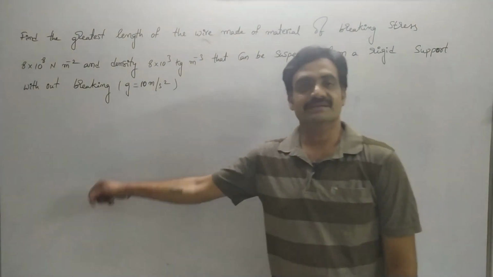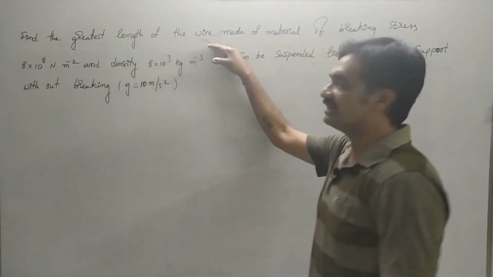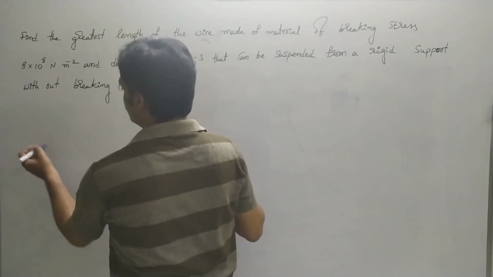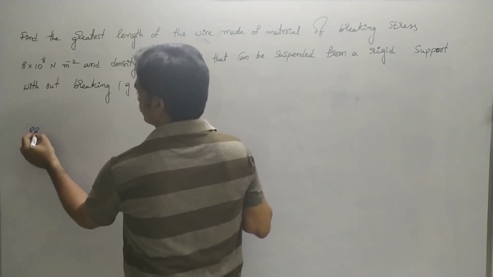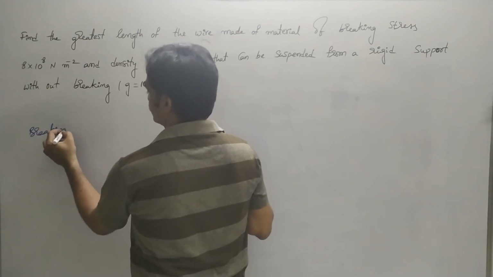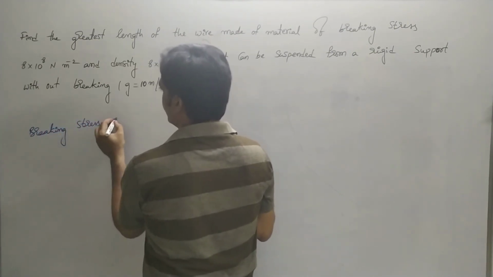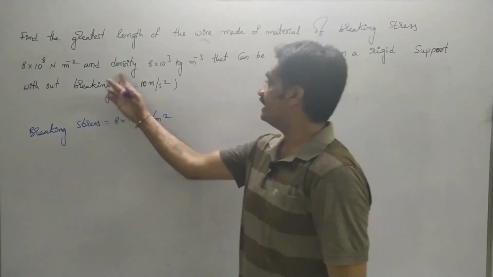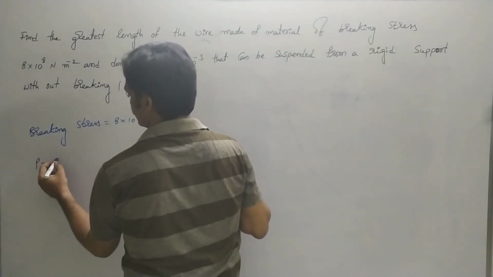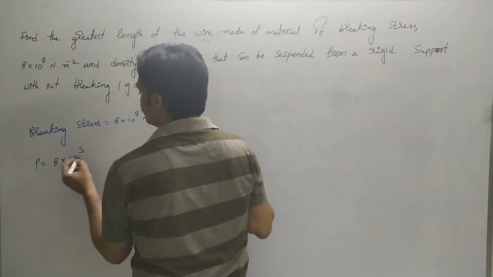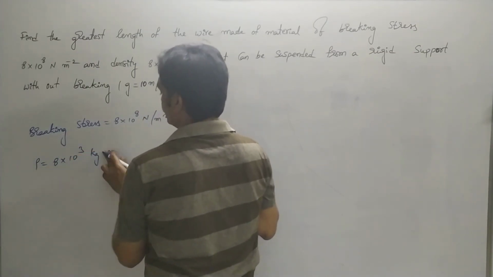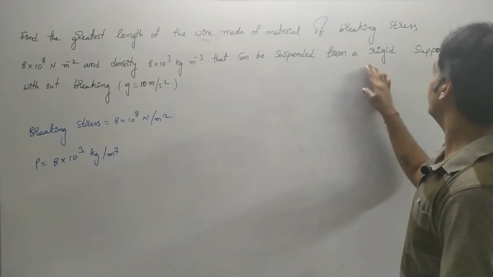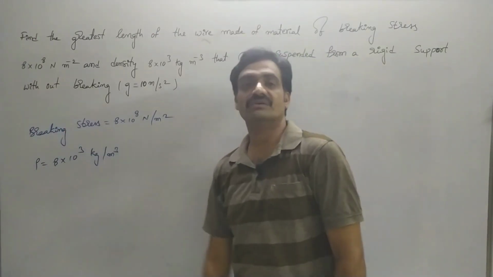Let's solve a problem based on this breaking stress. Observe the problem. Find the greatest length of the wire made of material of breaking stress 8 into 10 to the power of 8 Newton per meter square, and density 8 into 10 to the power of 3 kg per meter cube, that can be suspended from a rigid support without breaking.